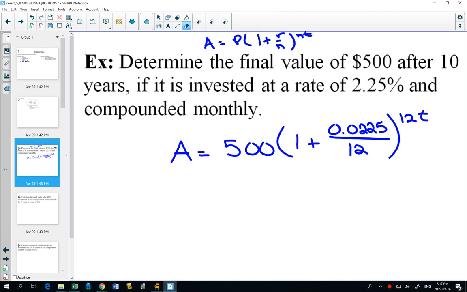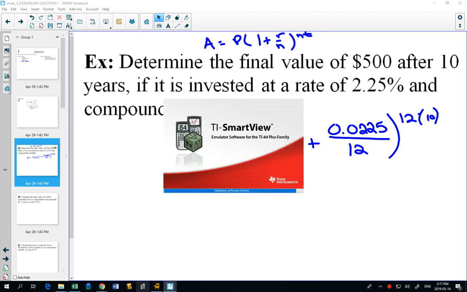Oh, I shouldn't have put t because we knew it happens in 10 years. Since everything is on the right-hand side of your formula, you could just type this entire thing into your calculator at once. And I would suggest typing this exactly as you see it, using your fraction button and exponent buttons as you go.